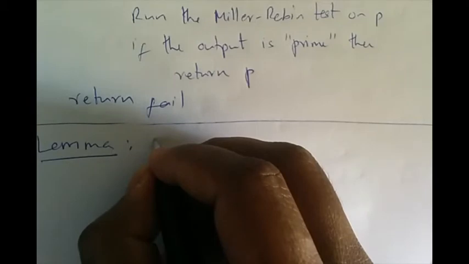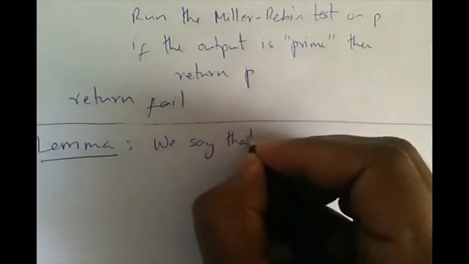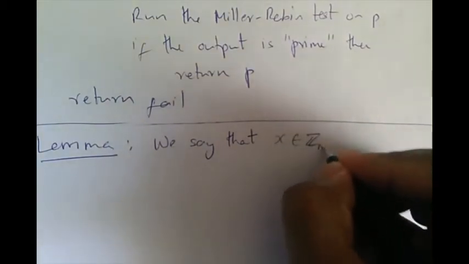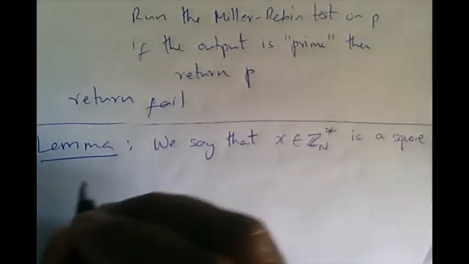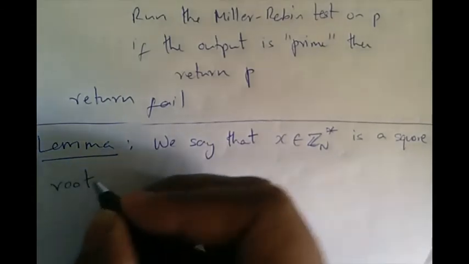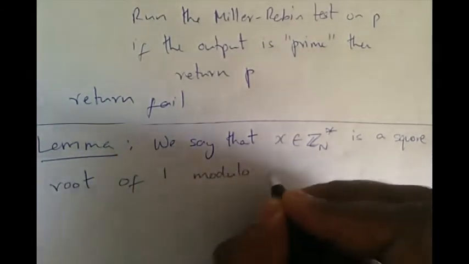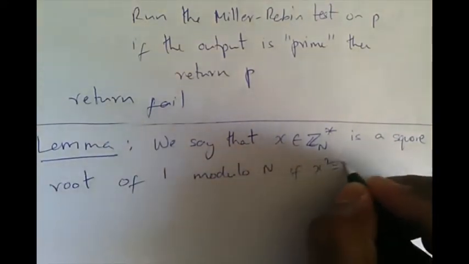So we'll define first: we say that x in Z_n star is a square root of 1 modulo n if x square equals 1 mod n.